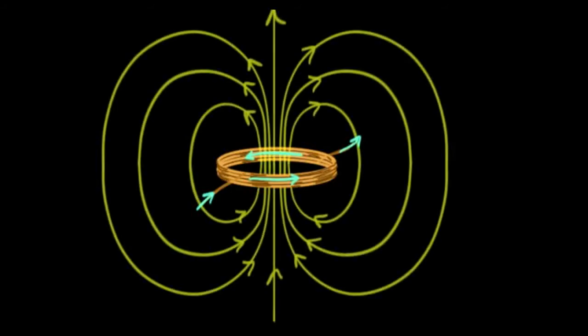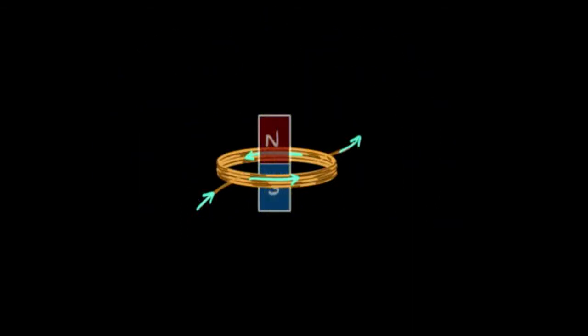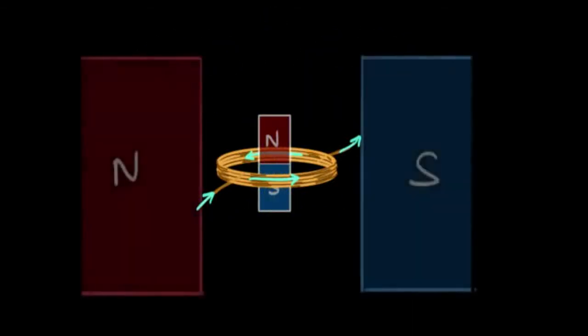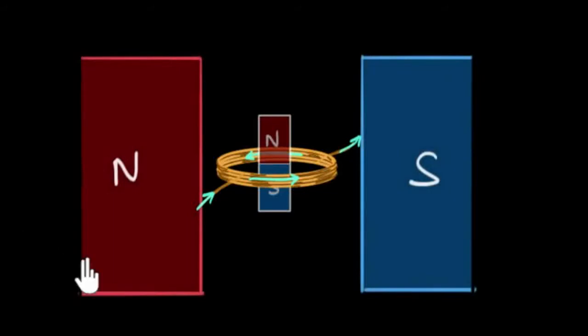So here this represents a coil, and if a current is allowed to pass through this coil, there will be a magnetic field coming around this coil as shown here, and as a result it will act as a bar magnet. So this is how the bar magnet looks.